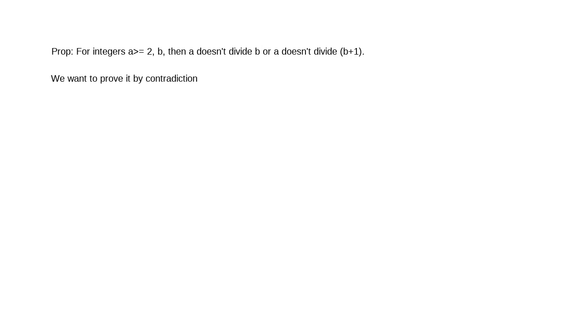How do we do that? We assume the proposition is false. How do we assume the proposition is false? We assume for integers a greater than or equal to 2, b, a divides b, and a divides b plus 1.